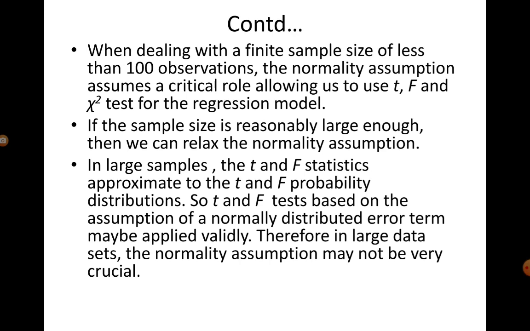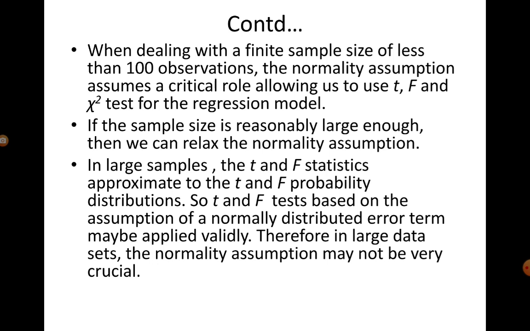Another point to be noted is that when your sample size is less than 100 observations, that is, you have a relatively smaller sample size, this normality assumption allows you to use T, F and chi-square tests for the regression model.